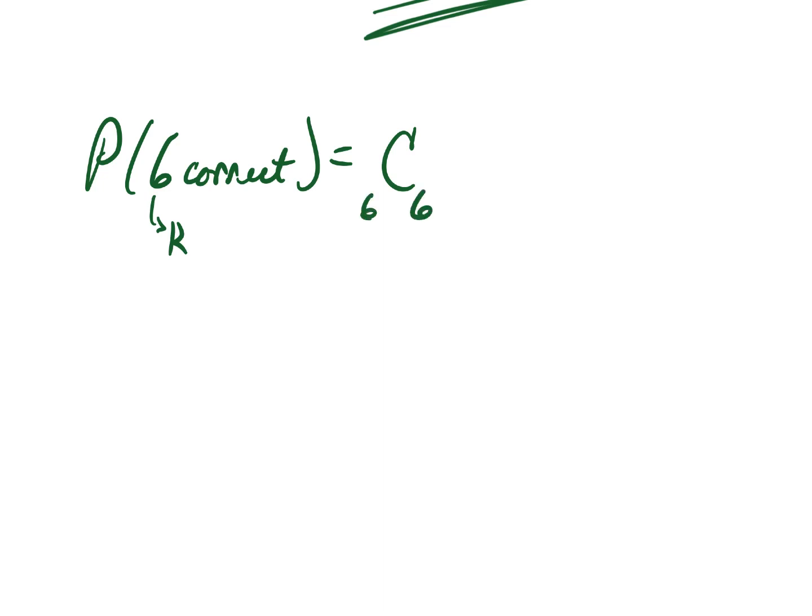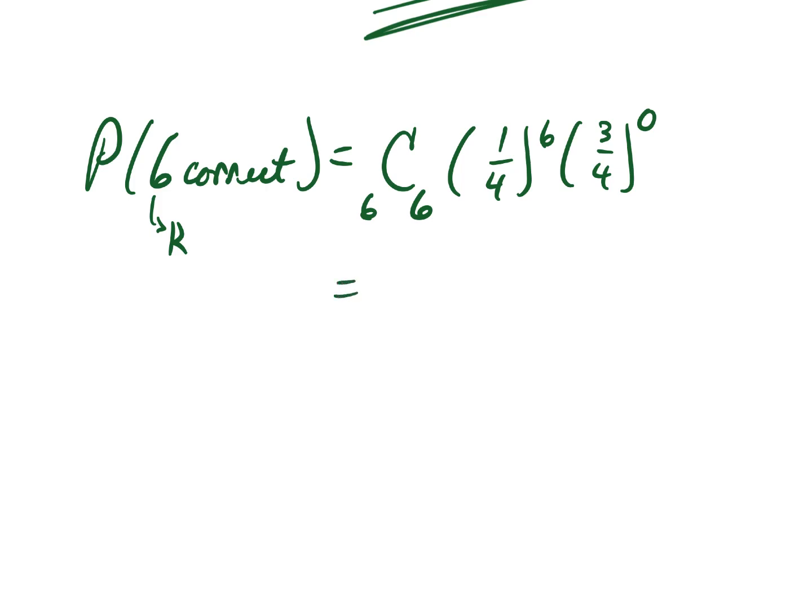6C6, okay? Times the probability of success raised to the 6th power, the number of successes, times the probability of a failure raised to the 6 minus 6, or 0 power. All right?